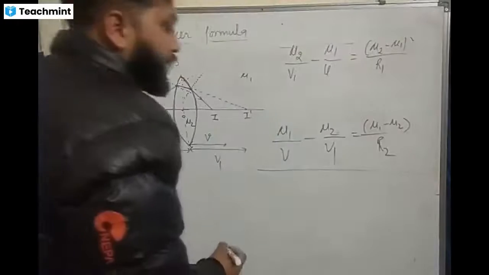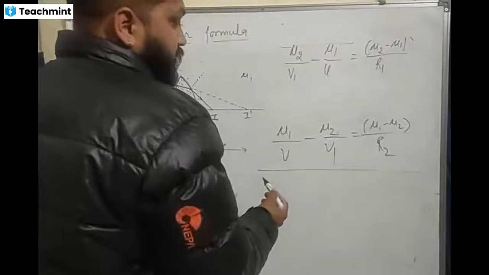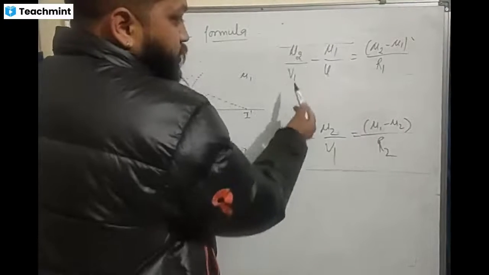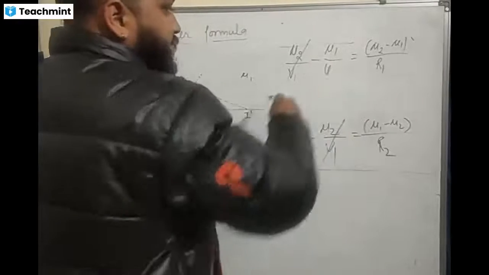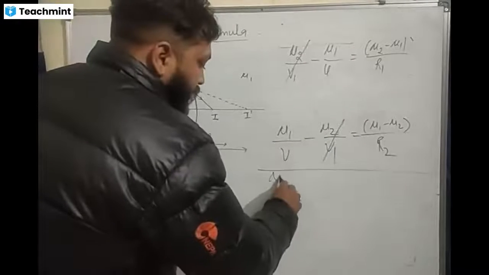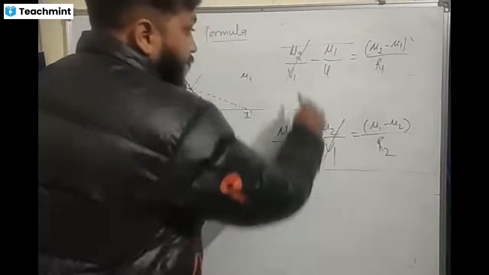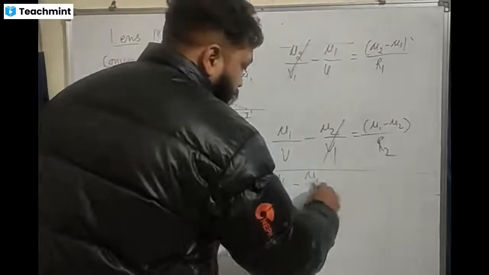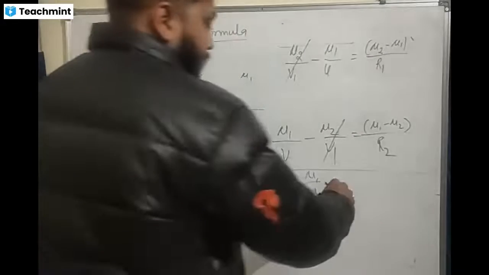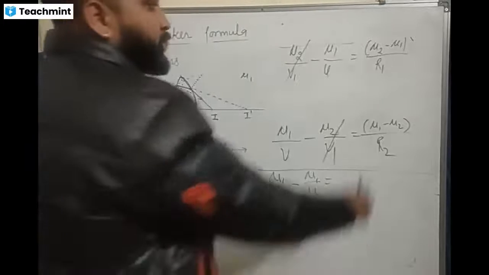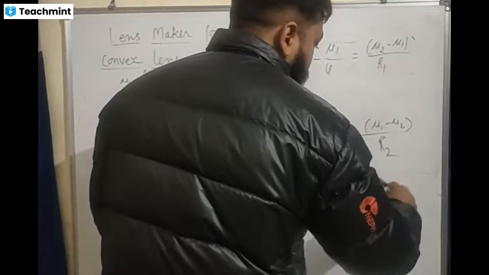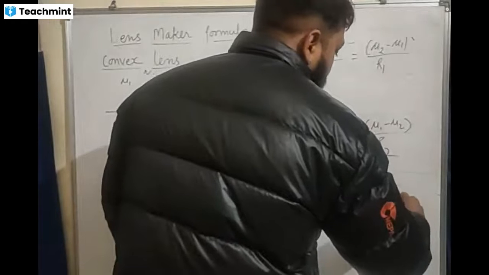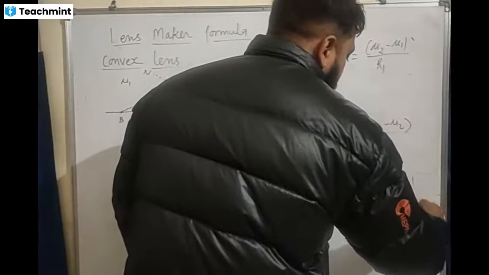After adding them, this is the positive mu2 upon v1, and this is negative mu2 upon v1, so they both get cancelled. So it has become mu1 upon v minus mu1 upon u. And here, if we take mu2 minus mu1 as common, it becomes 1 upon r1 minus 1 upon r2.